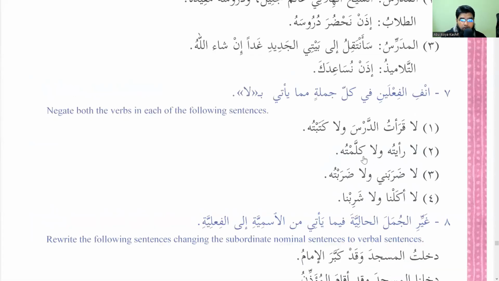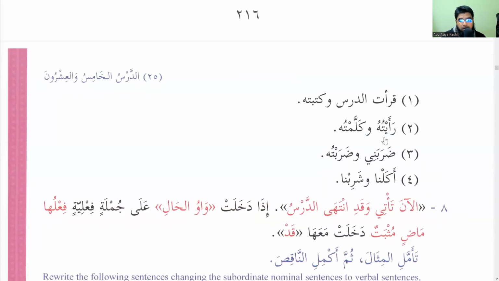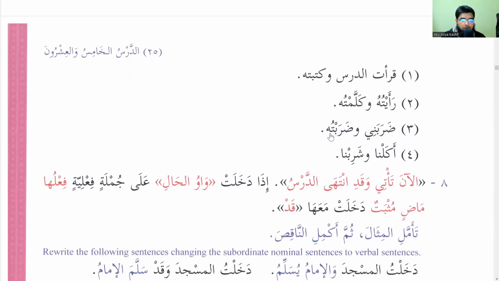I did not see him, nor did I speak to him. "Darabani wa darabtuhu", he hit me and I hit him. Neither did he hit me, nor did I hit him: "la darabani wala darabtuhu".